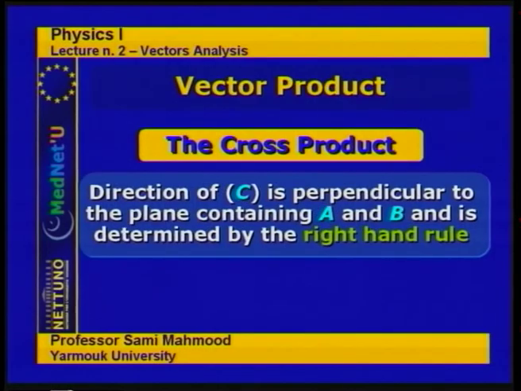The direction of vector C, as we said, it should be a vector. The direction of that vector, which is A cross B, is perpendicular to the plane in which the two vectors A and B lie. And this direction is determined by the right-hand rule.